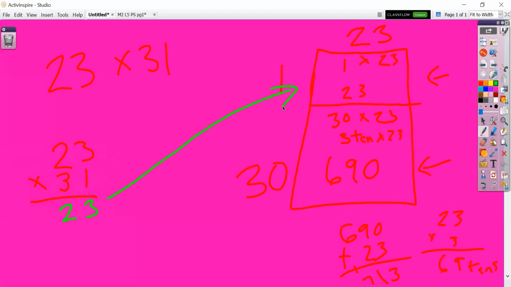Well, once we were done multiplying by the ones on the area model, where did we go? Well, we went to the tens place. So then we started working on the tens. Well, guess what? Over here is our tens place on the standard algorithm. But when we go to the tens, what did we have to do with that unit? We represented it with a 0 at the end. So we start that on the standard algorithm.